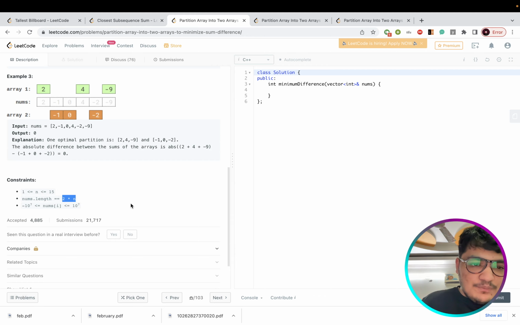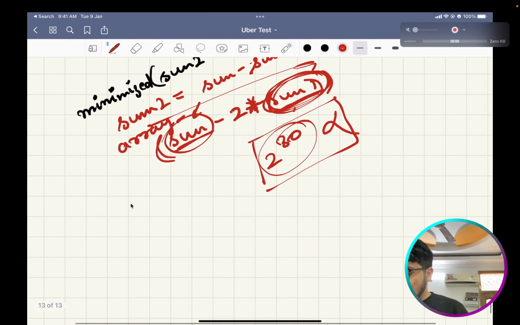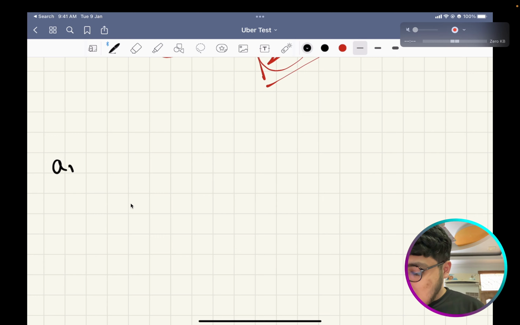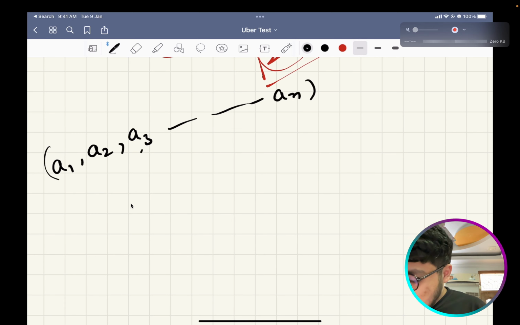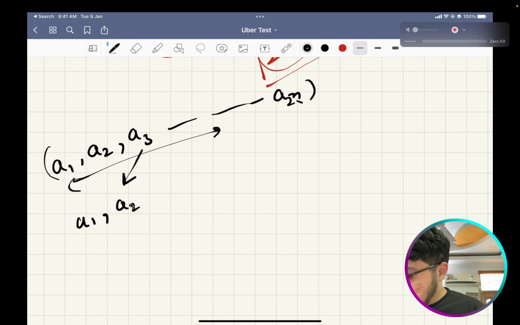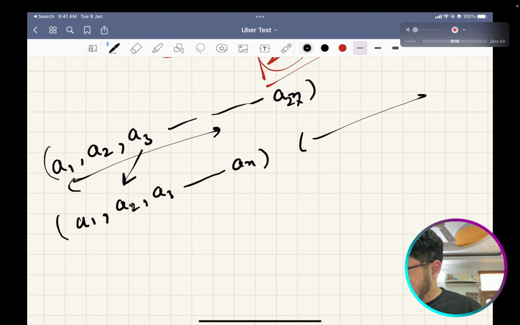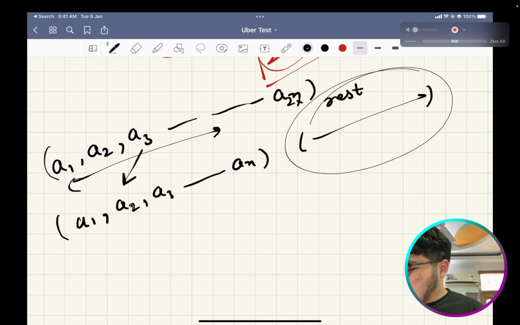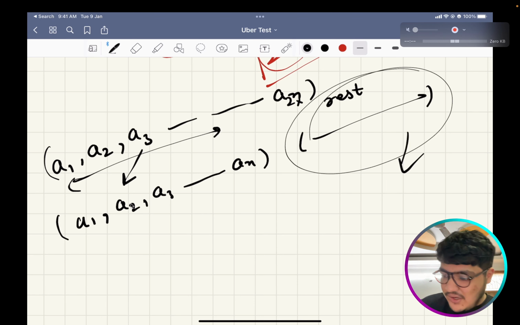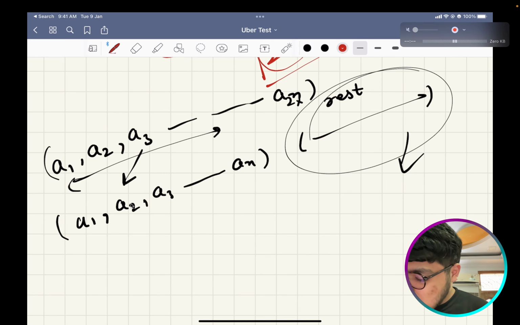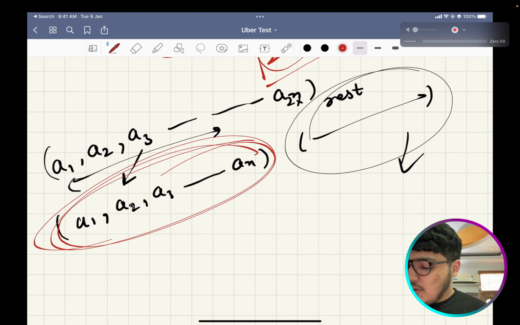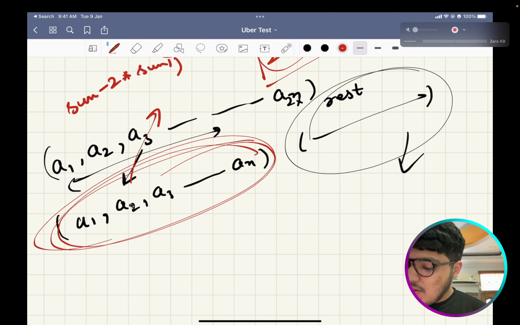So what I am going to do in this problem is, let's say you are given a1, a2, a3 up to an. The rest of the elements won't be needed, so I won't be considering them.